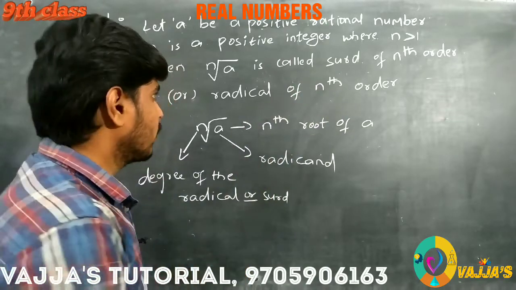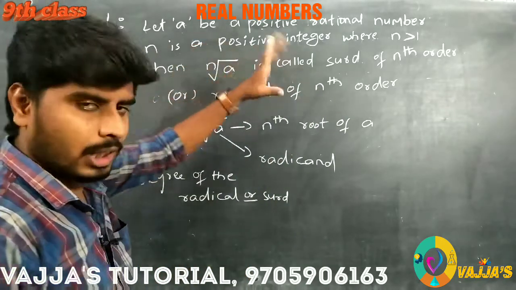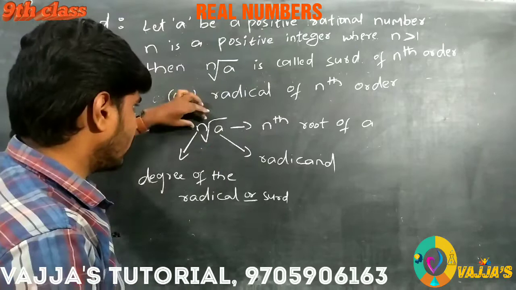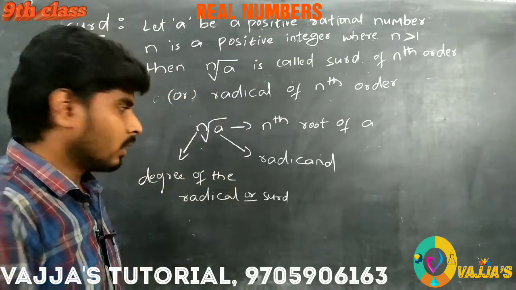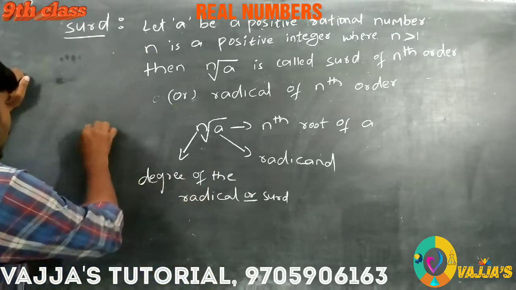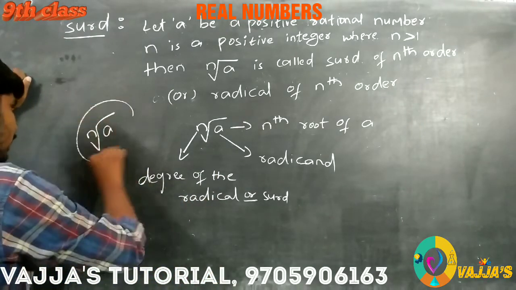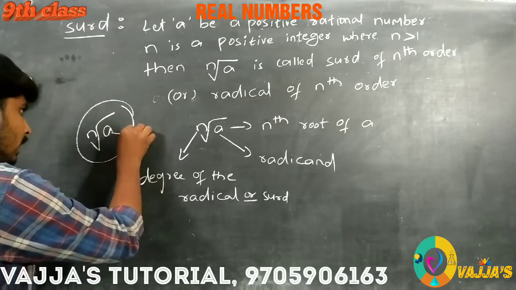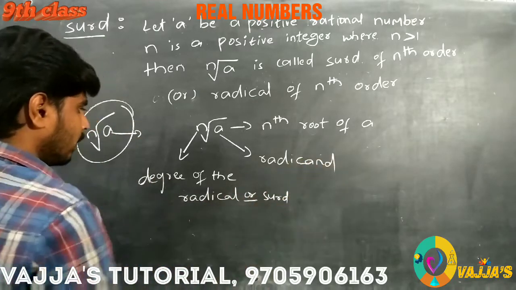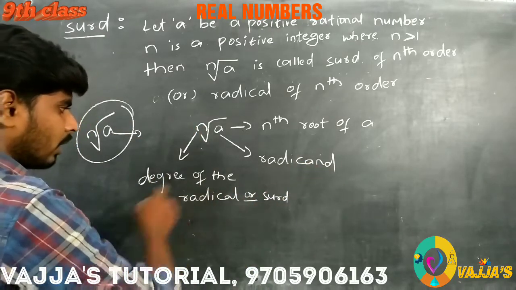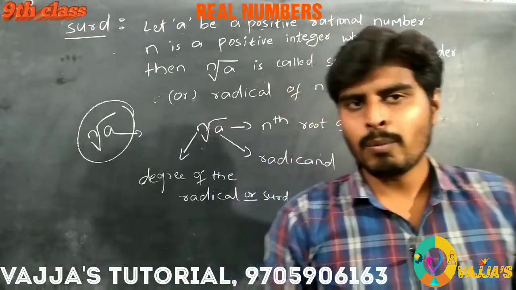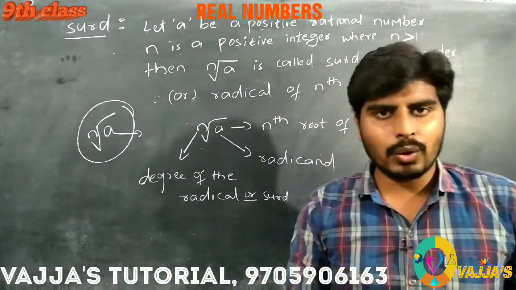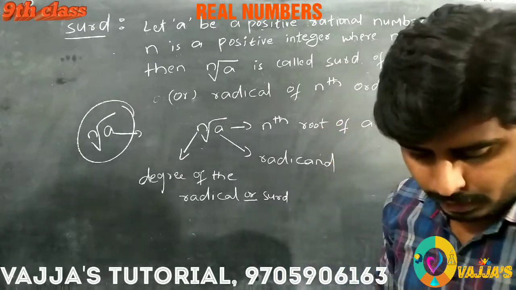Here n is the degree of the radical, and the whole thing we call a radical. Here a is the radicand and n is the degree of the radical. If I write nth root a, it means it is an nth order radical. Let us see the examples.